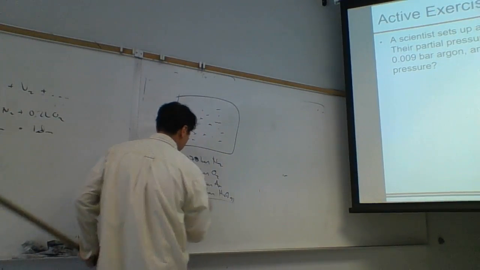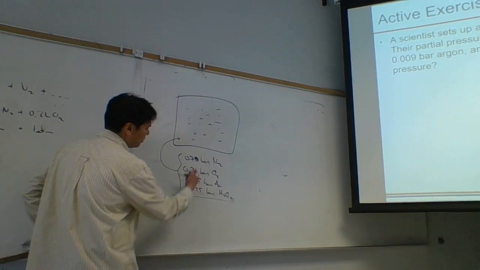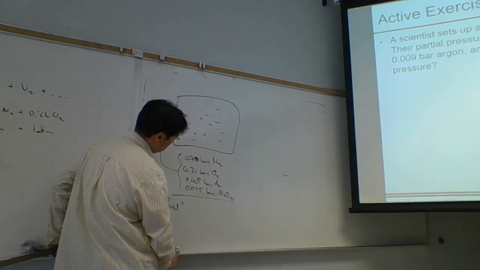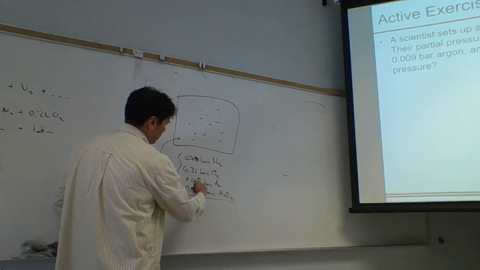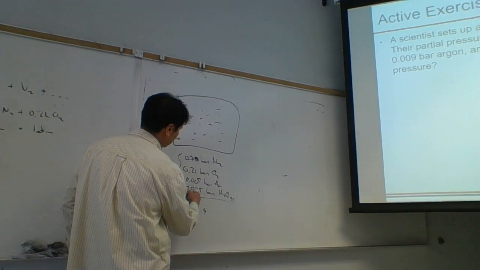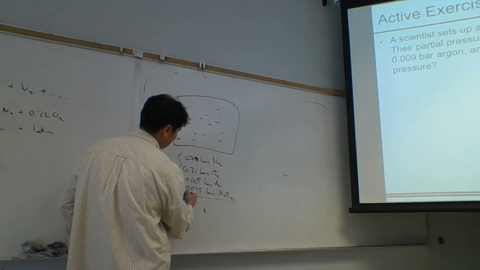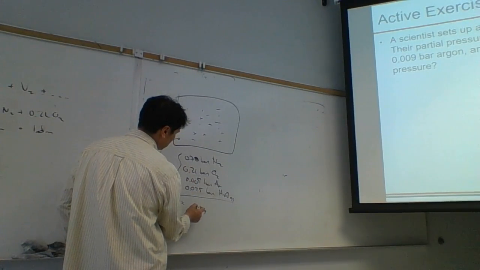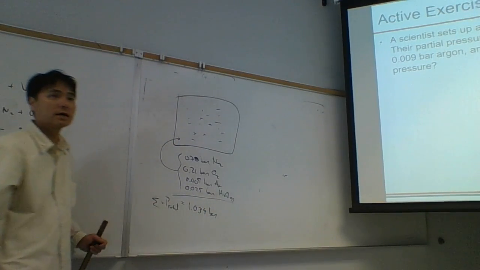So we just take the sum, we get P total, which is going to equal, let's figure out what equals to. This would equal 5 and 9 is 14. 1.034 bar. Is that what you guys get?